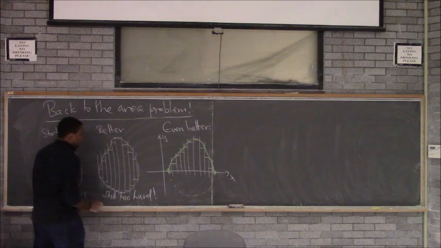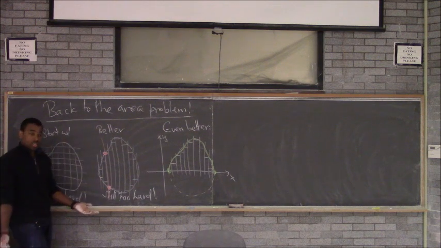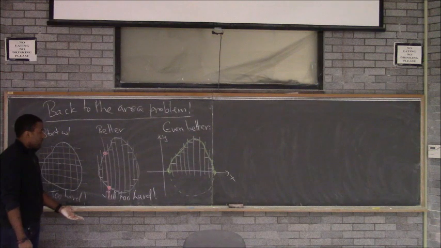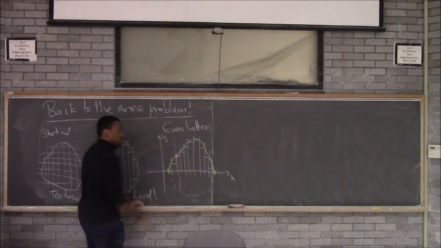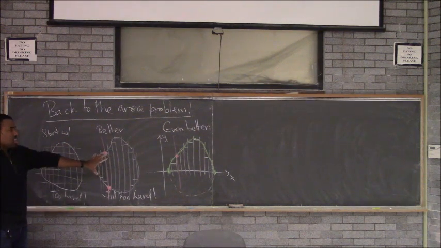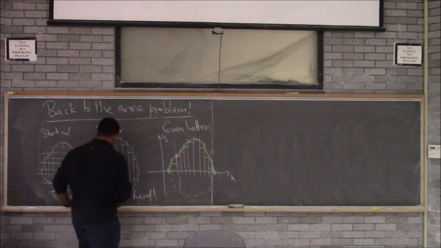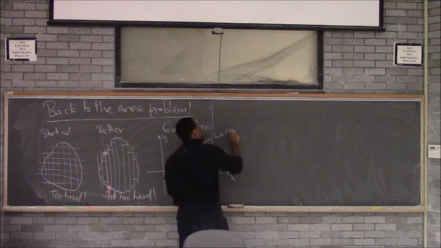Notice that this thing here fails the vertical line test, right? I can draw a vertical line through that, and it will touch the curve in 2 points, whereas if I draw a vertical line through this, it touches the curve in 1 point. So going from this to that makes it a little easier, but it's even better to do that because now we can think of this as a function.